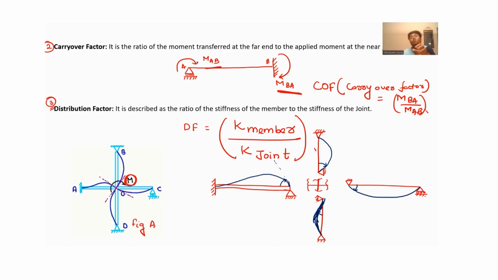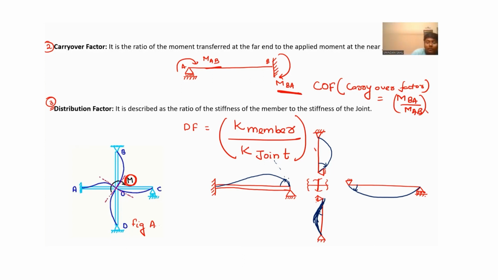So the thicker the member, the more movement it will attract, and it will get divided in that ratio depending upon the strength of that member. The stronger the member is, the more movement it will carry. The weaker the member is, the less movement it can carry.